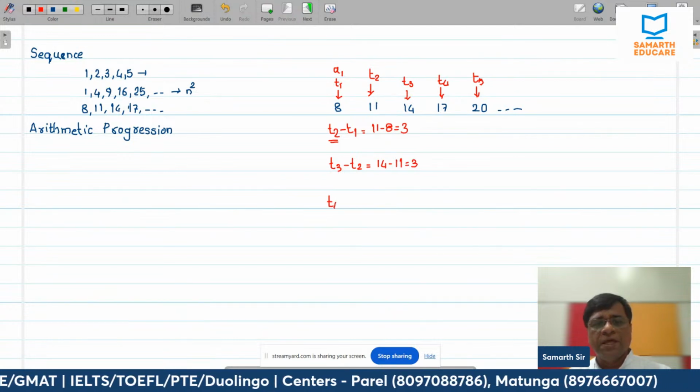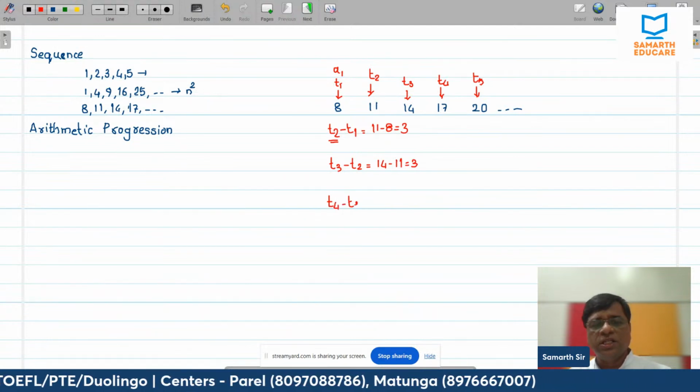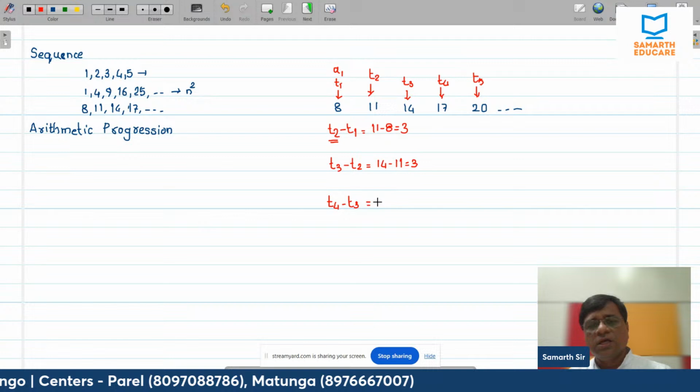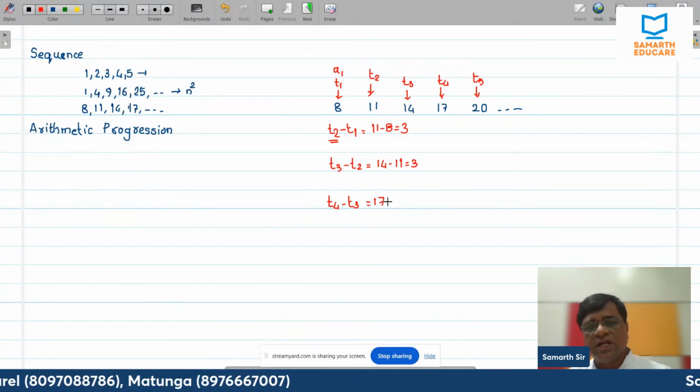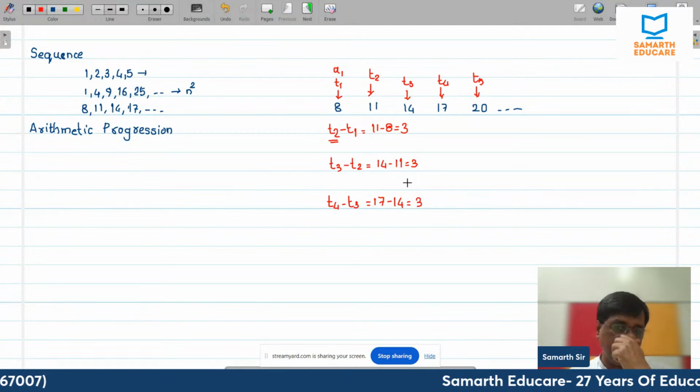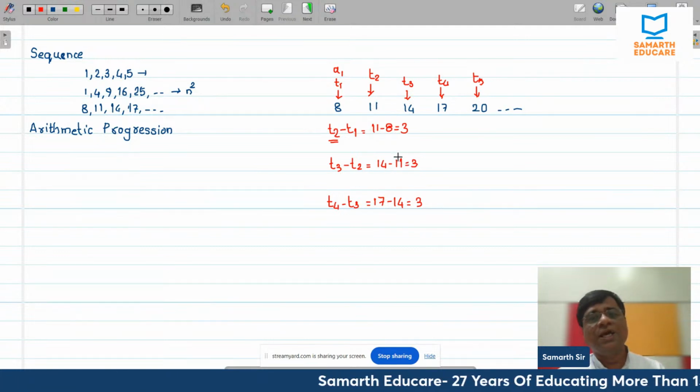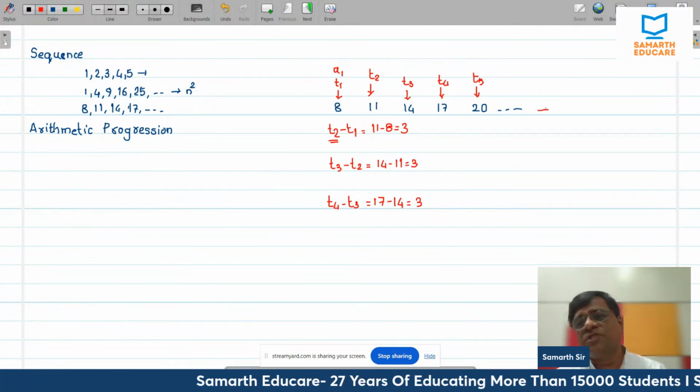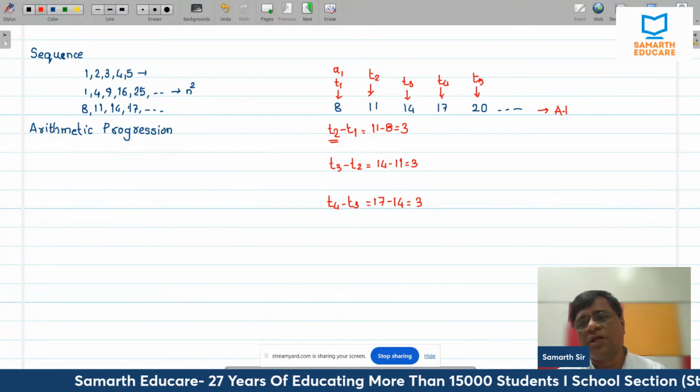Then T4 minus T3 is, again, 17 minus 14 is equal to 3. So every time it remains constant. This type of sequence is called an arithmetic progression.